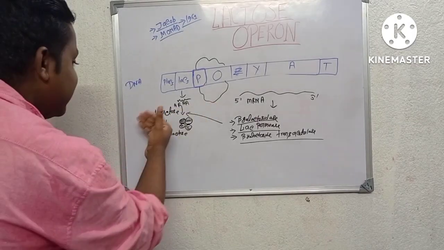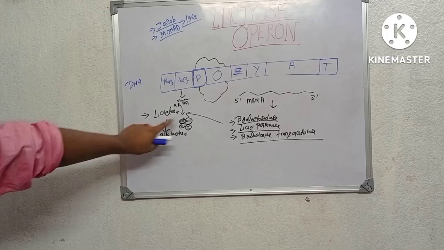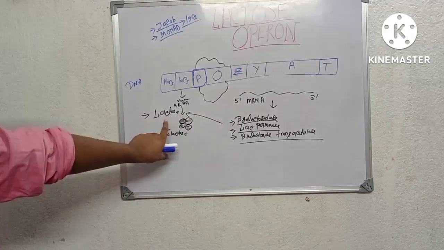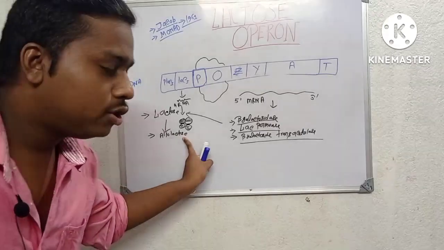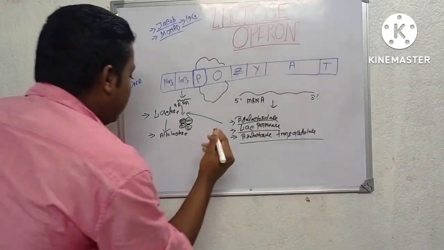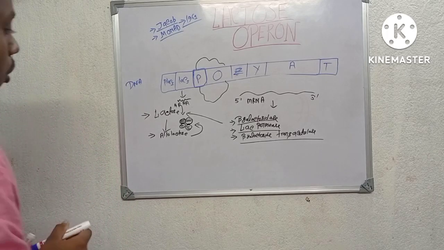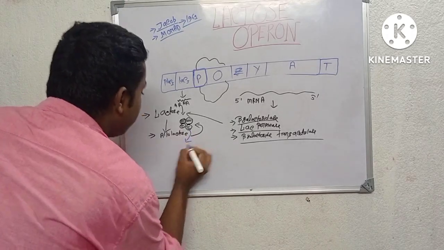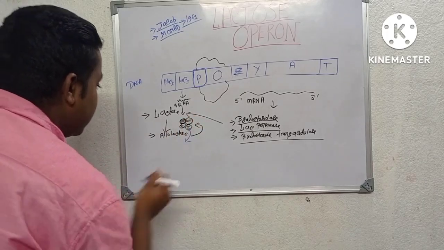So as soon as lactose is present in the medium, lactose will be converted into allolactose. This allolactose can bind with this repressor protein, and the repressor protein gets altered.